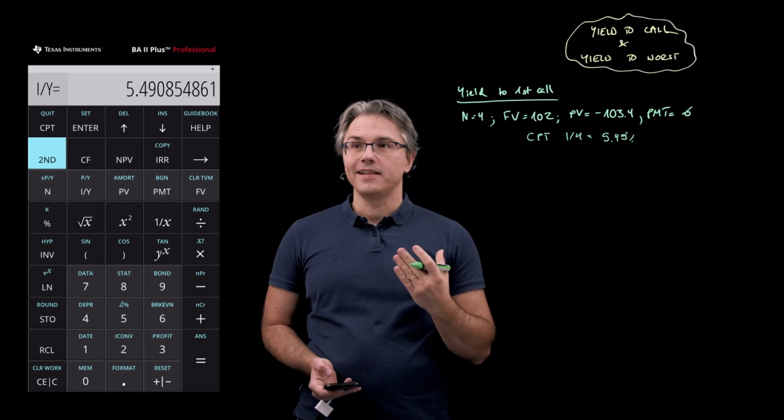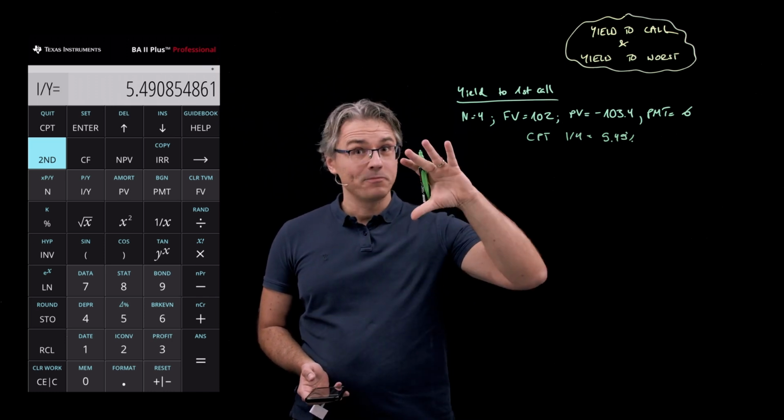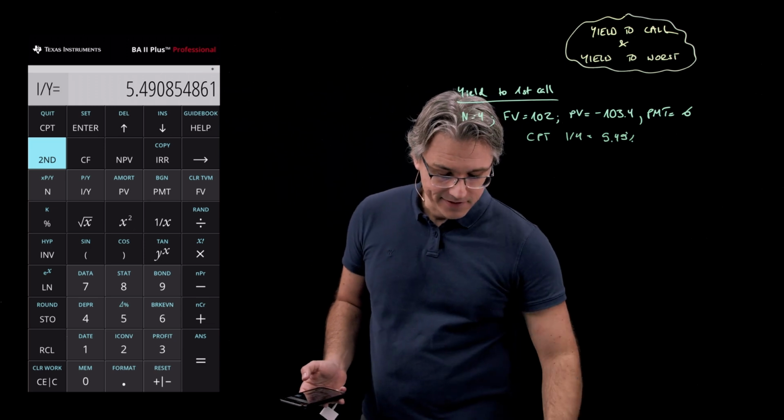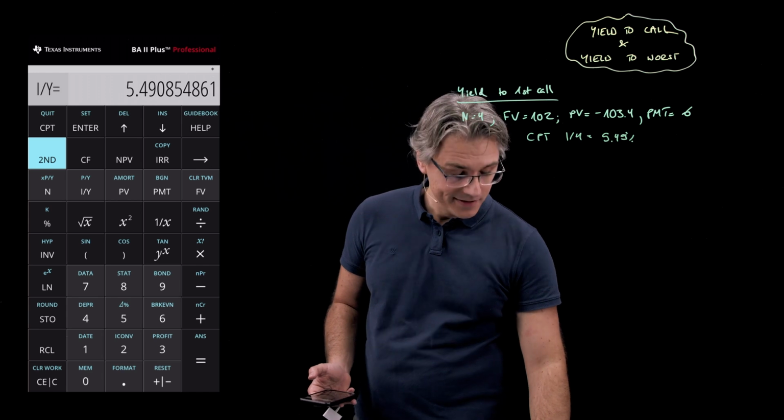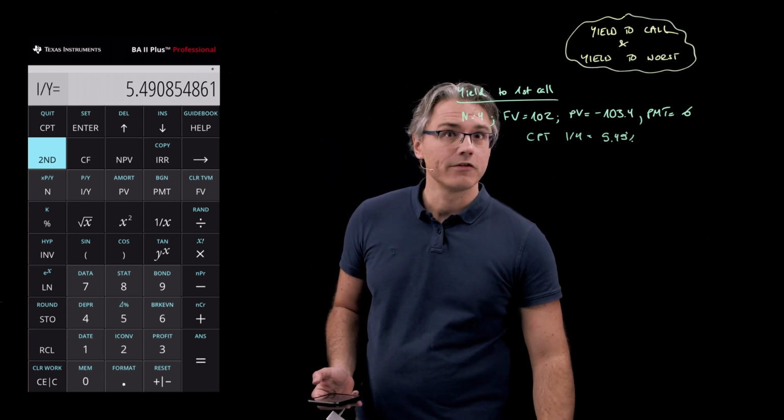And this alone allows me to basically limit the choice of answers to answers A and C, which have 5.49 as the answer for yield to first call.